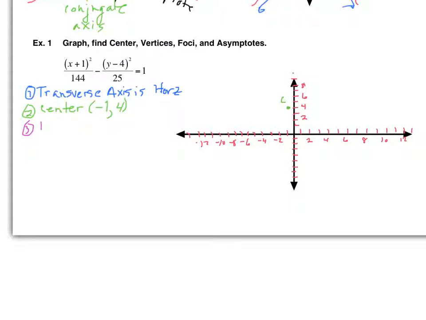So in order to do that, I want to find A and B. Because A squared always comes first on the hyperbola, I know that A squared is represented by 144. So that means that A is what? 12. Is that going to be a right-left or an up-down movement? Because the A squared is underneath the X, it could be right-left. So it will be right-left.